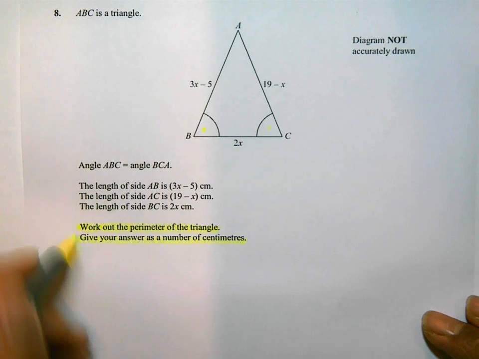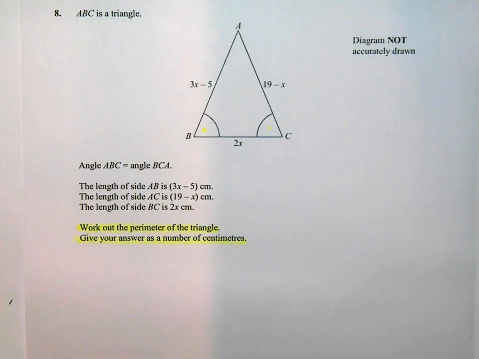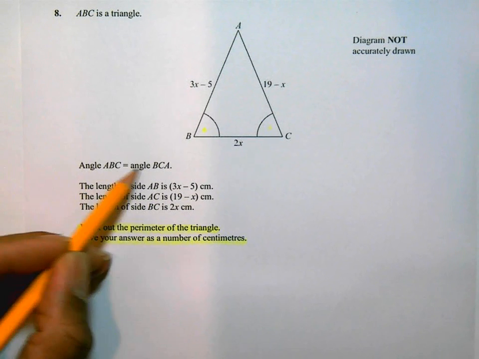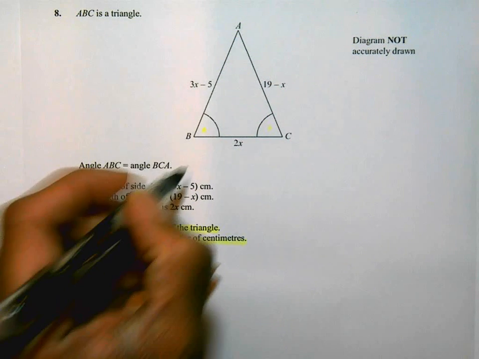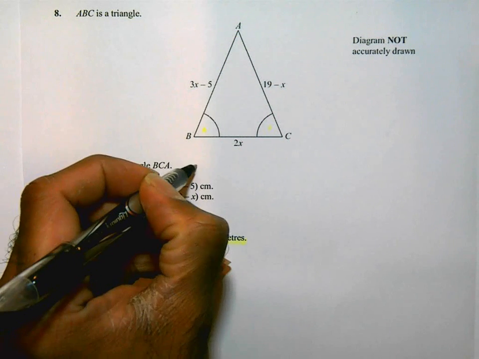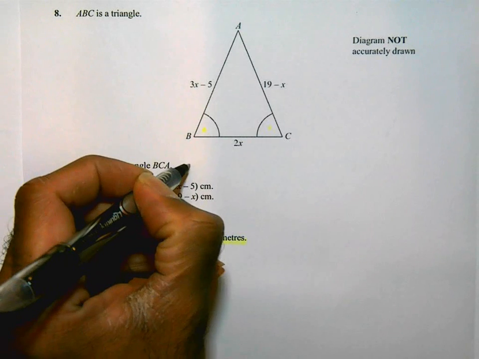Now, this seems like a very difficult question at this point. However, when we did this part here, we recognized that it was an isosceles triangle. So I'm actually going to write that just so that the examiner knows, if there are any marks for spelling this, I do get those marks. So the triangle is isosceles.